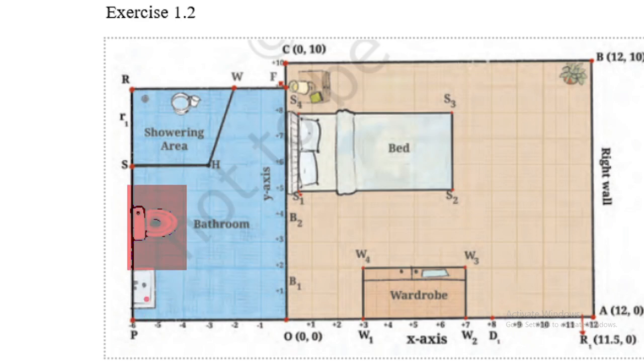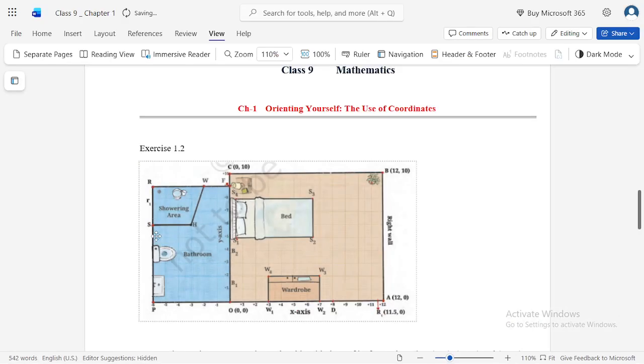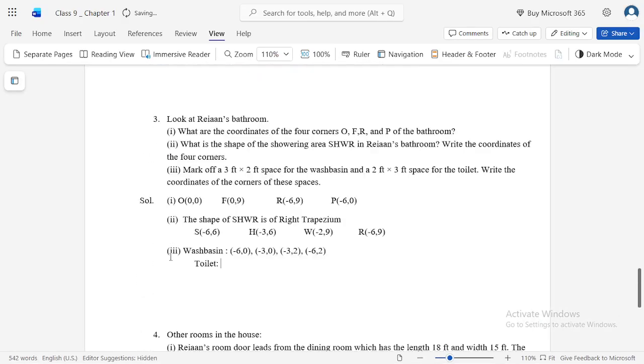So this is minus 6 comma 2, minus 4 comma 2, then minus 4 comma 5 and minus 6 comma 5.